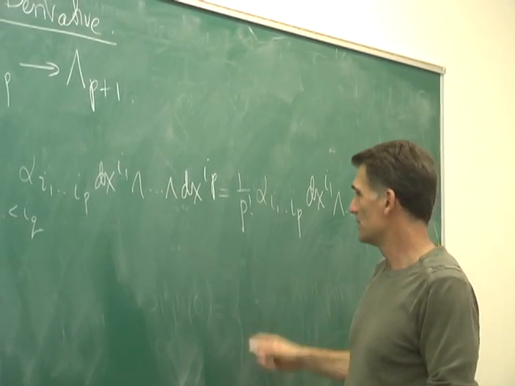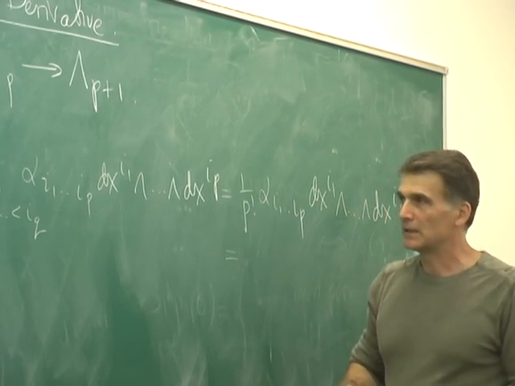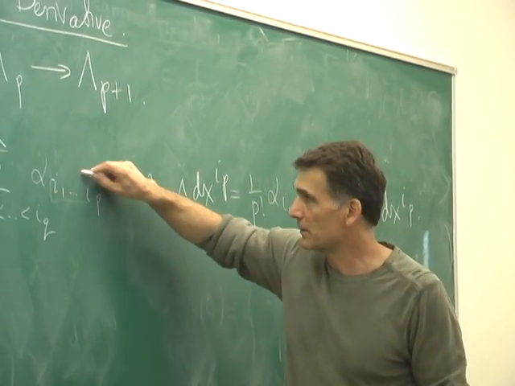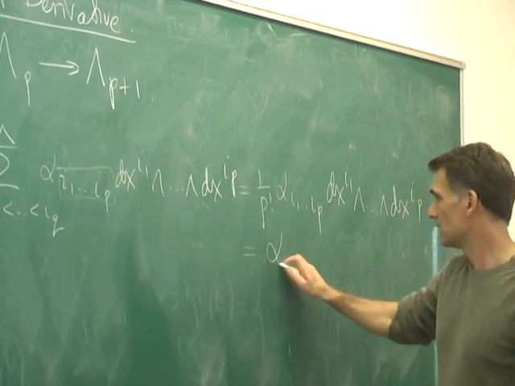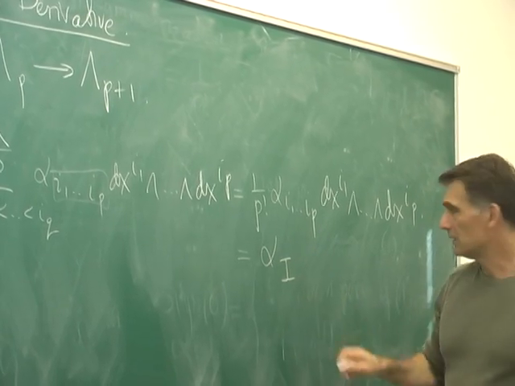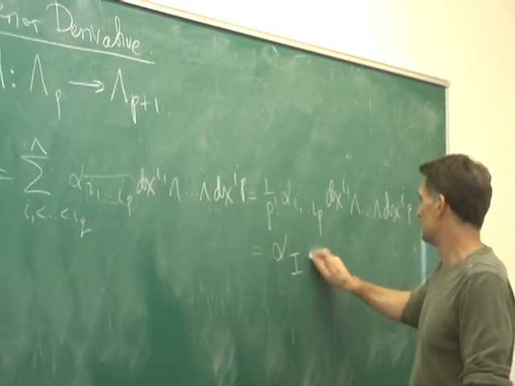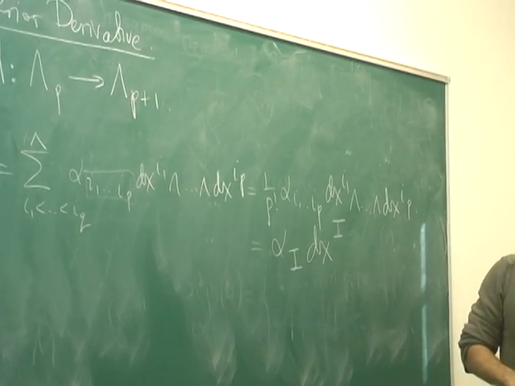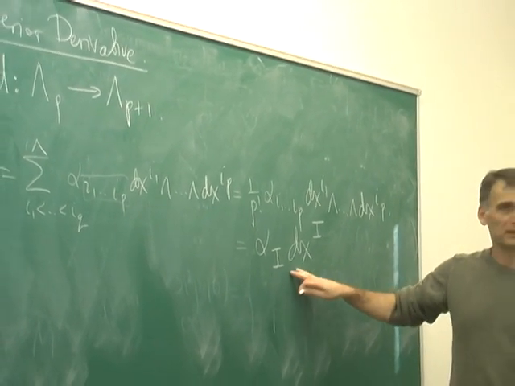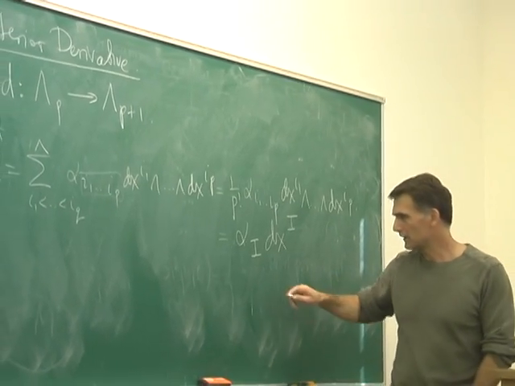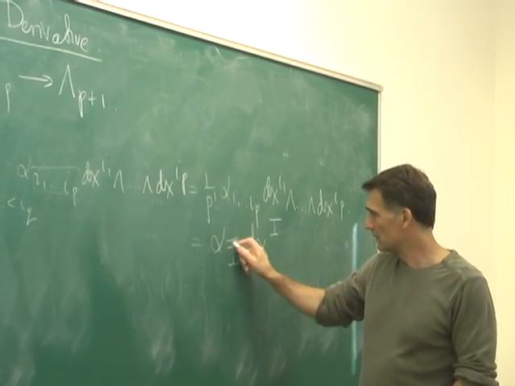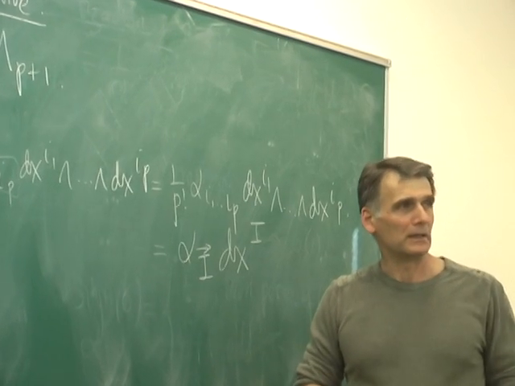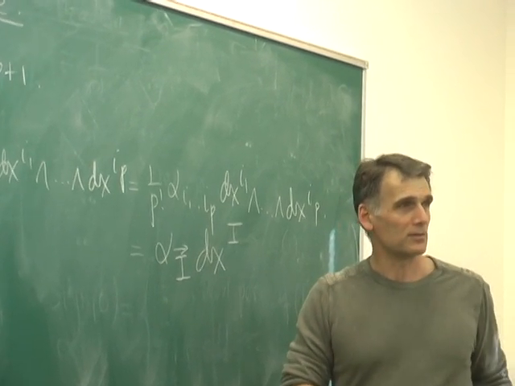Some books introduce a collective index, call this a capital I, a multi-index, and you would write it like this. That's kind of confusing. You've seen that in Frankel's book, and maybe people did like it, and then you would put an arrow above it indicating that the indices are in increasing order.